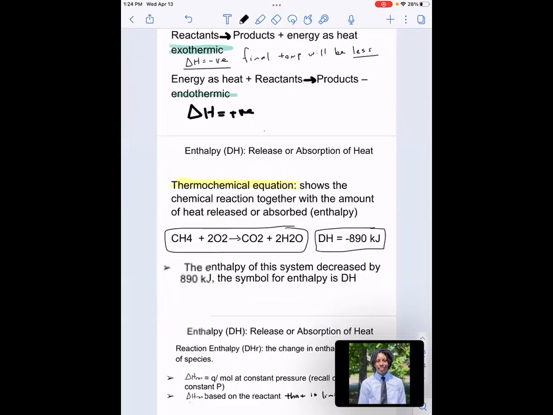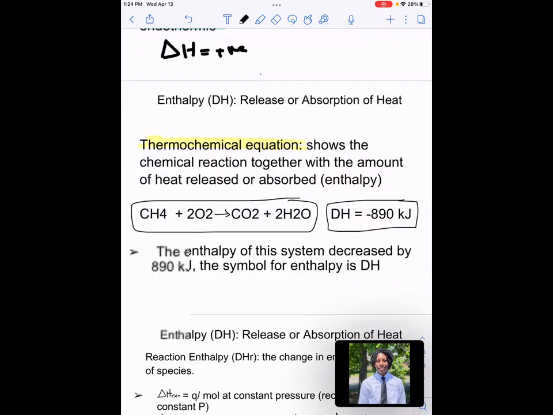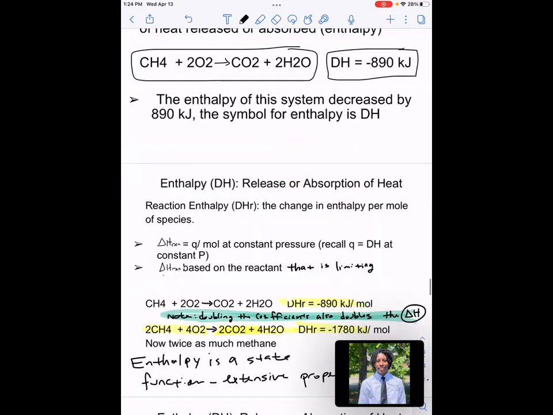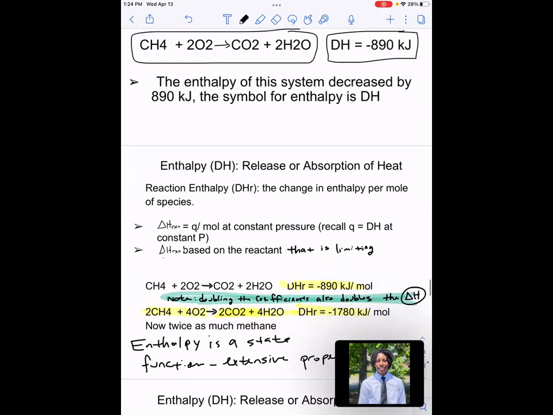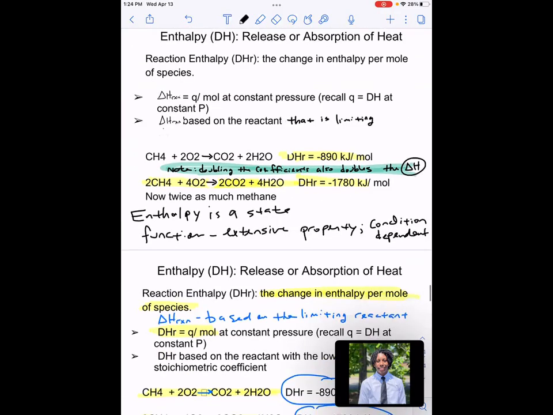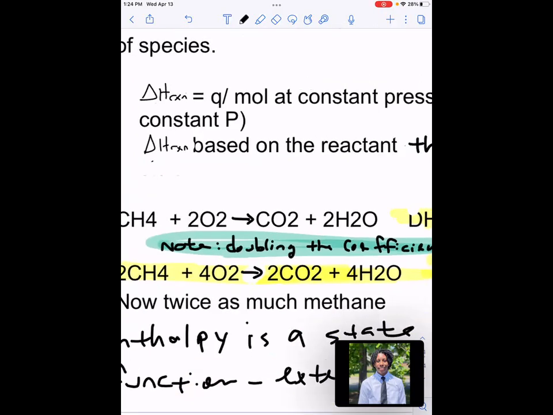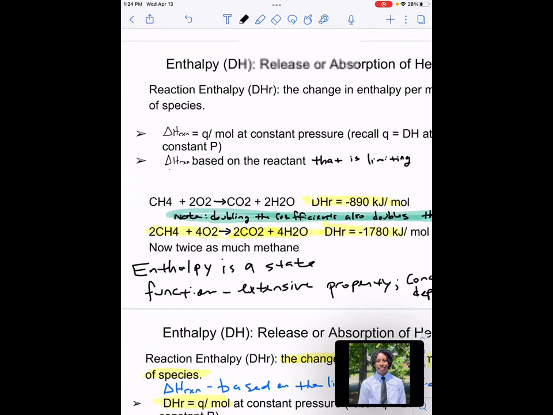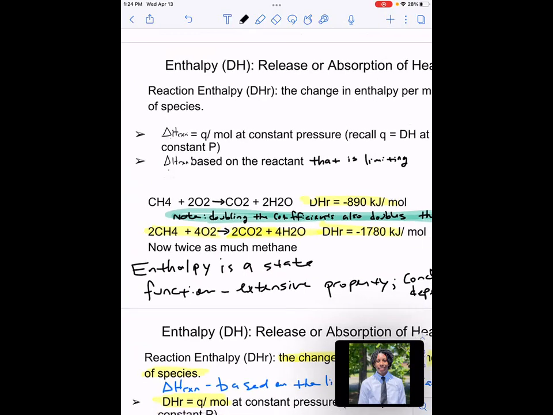Now, here's the thing about enthalpy, and here's how we can apply it to a reaction. We can calculate the enthalpy of a reaction, right? So delta H reaction, which I have written out here, is the heat per mole for that reaction at constant pressure, because at constant pressure, Q and delta H are the same.